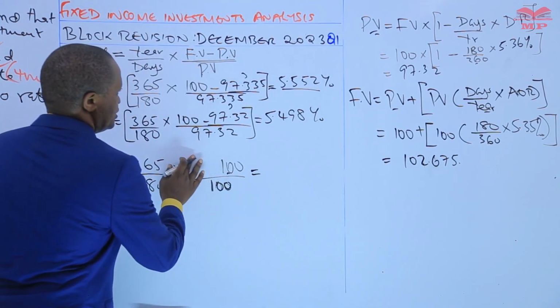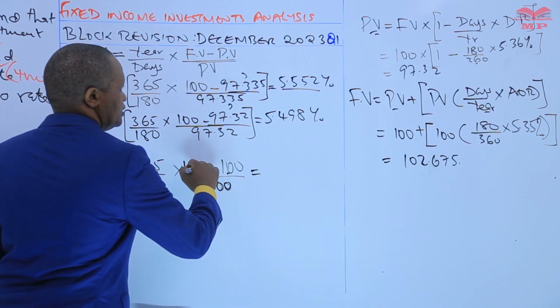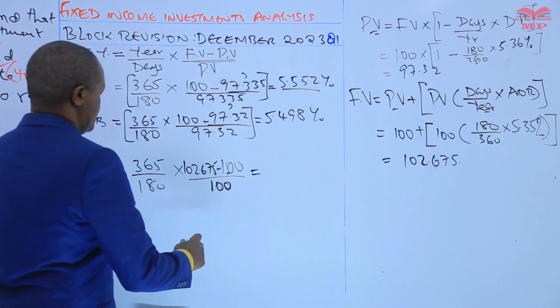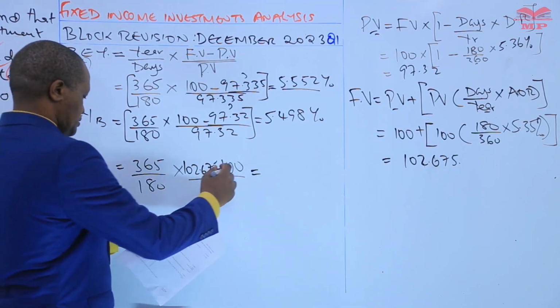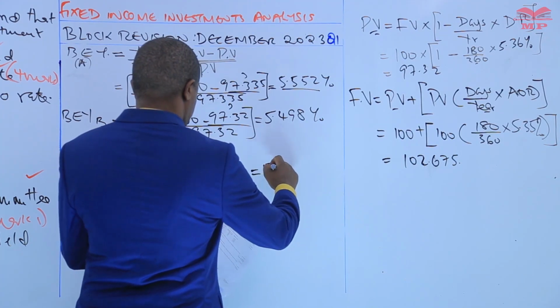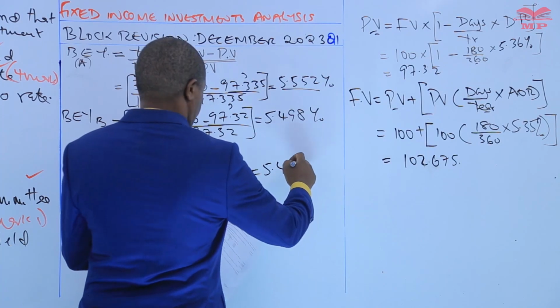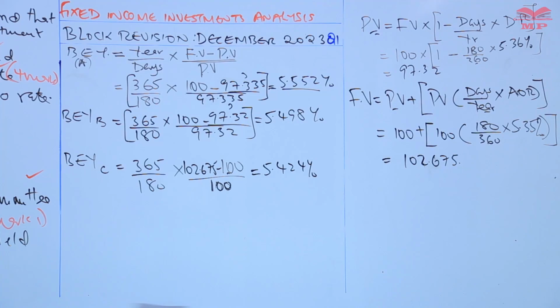The future value here is 102.675, which will be equal to 5.424%. That is the bond equivalent yield for instrument C, 5.424%.